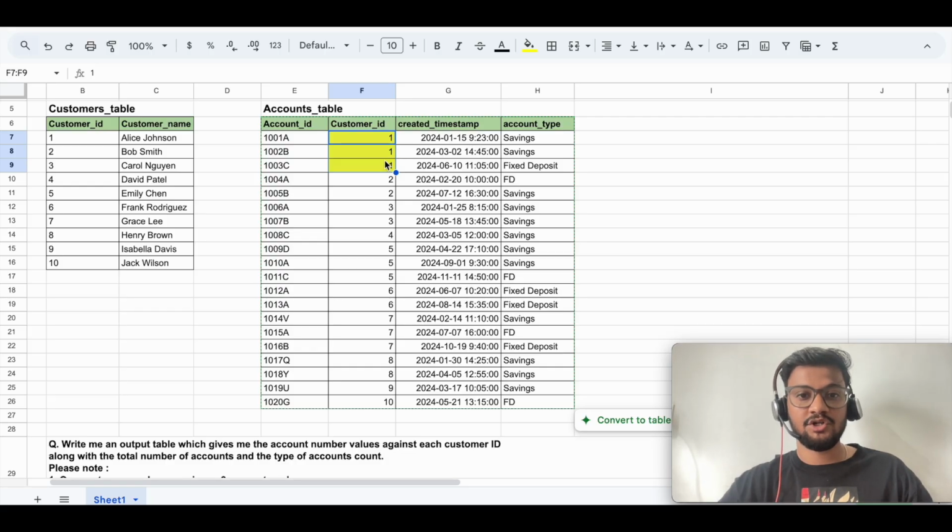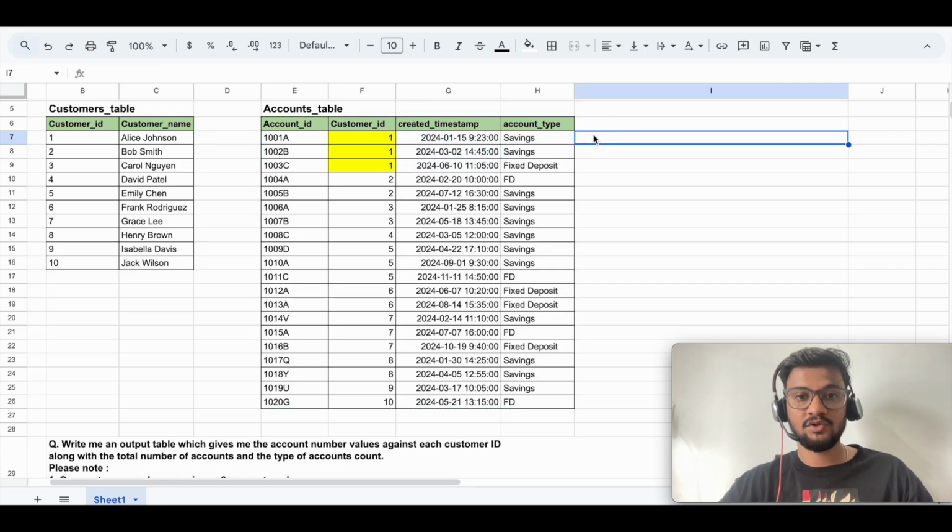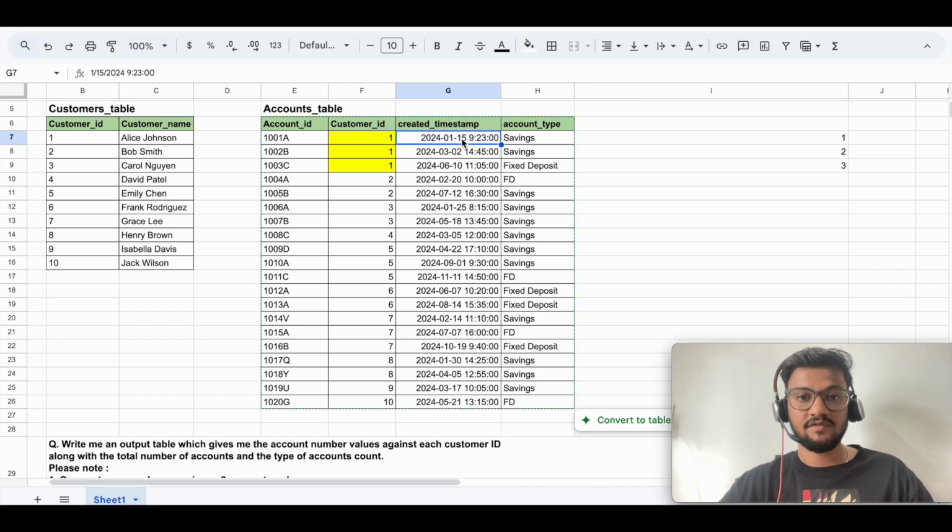Once the customer ID window is created, each customer ID will have its own window, and then we will order it based on the timestamp. So based on each timestamp in the increasing order, we will get a rank. Suppose here it will get the rank 1, this will get rank 2, this will get rank 3, because the first rank will go to the least timestamp, which is 15th January, then it is 2nd March, then it is 10th June.